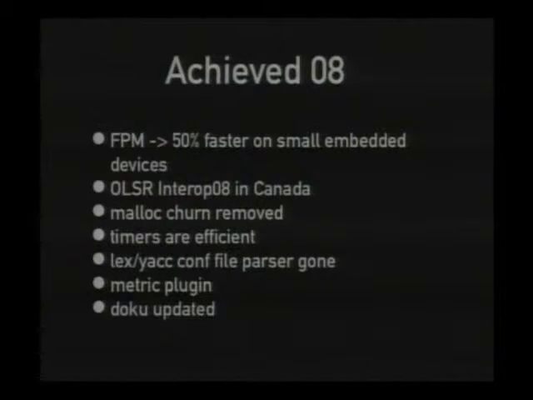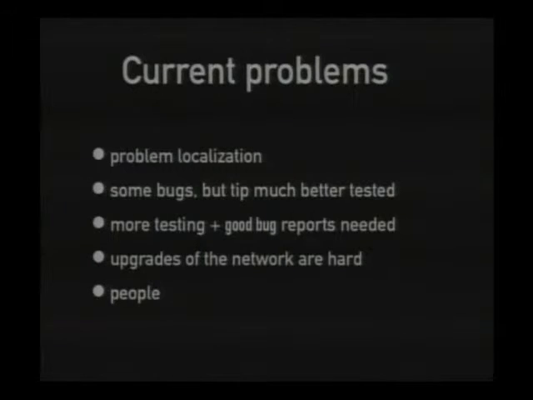And here are still a few things which were cleaned up in the code, lots of mallocs. Timers are much more efficient. And finally, Sven-Ola worked on some documentation, so you can read and catch up on that. So one of the problems that we have is we need better bug reports. And one of the things that we noticed also, we need to test better before we release it on the Freifunk networks, because there were some voices which complained about code quality.